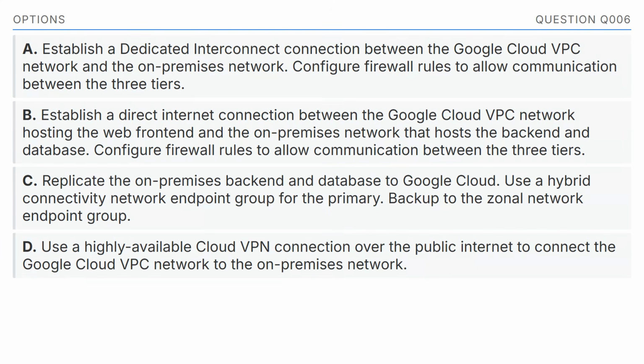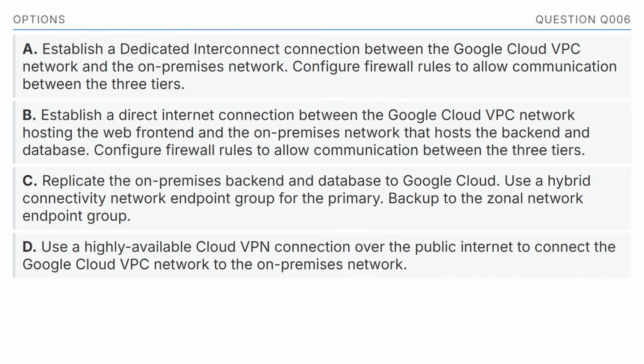The options are: Option A, establish a dedicated interconnect connection between the Google Cloud VPC network and the on-premises network. Configure firewall rules to allow communication between the three tiers. Option B, establish a direct internet connection between the Google Cloud VPC network hosting the web frontend and the on-premises network that hosts the backend and database.